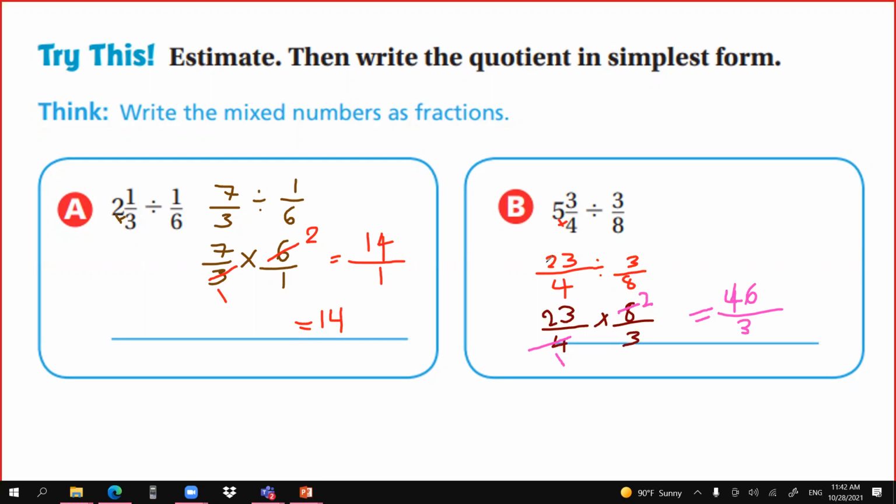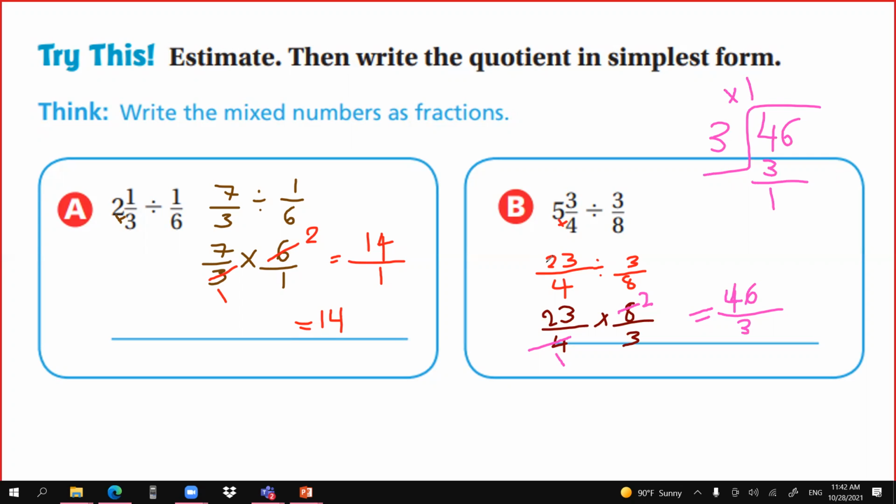Is it a fraction or improper fraction? Improper fraction. I mean, you will not convert it to mixed number. How will you convert it to mixed number? Bravo. 1 times 3 is 3.